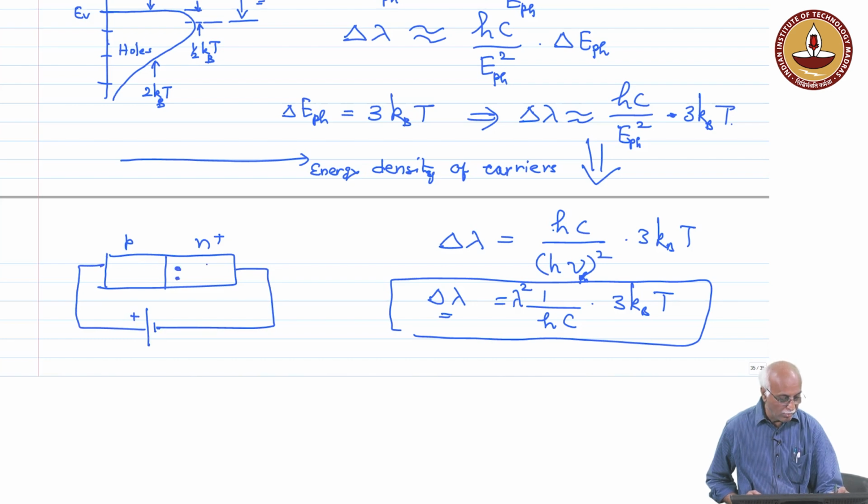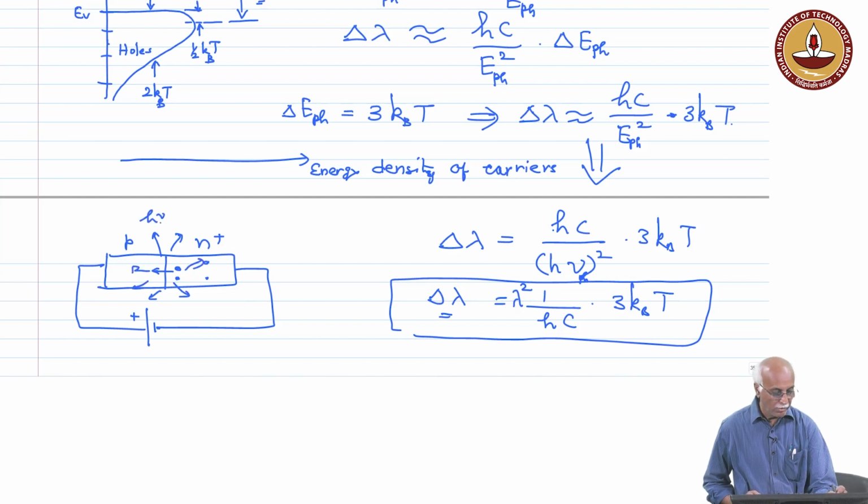Electrons move across, and at the junction region they combine with the holes and emit photons in different directions. These photons which are emitted will have a spectral bandwidth.